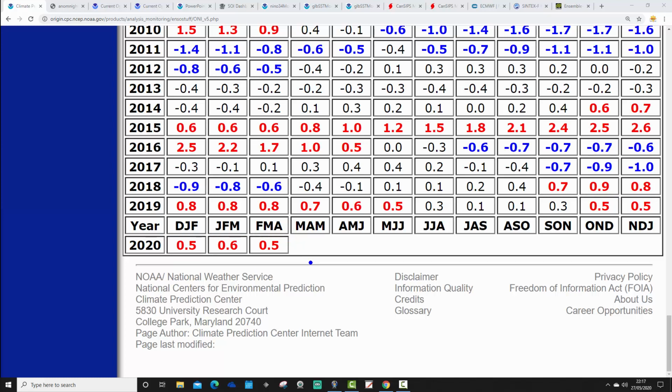The stats don't lie, although these can be changed a little bit. So if one of these tri-monthly periods was ever to be corrected down to, say, 0.4, let's say that one, or maybe this one, if one of these was to be corrected down by just 0.1 of a degree at some point in the future, then the red colours will go and we go back to black, and it would in fact have been an ENSO neutral winter.